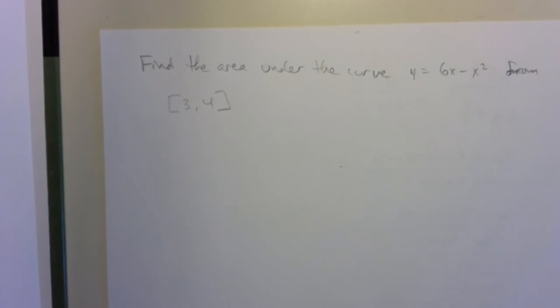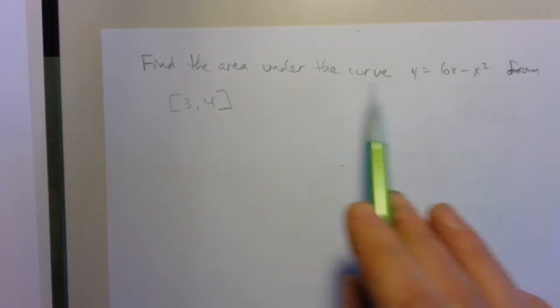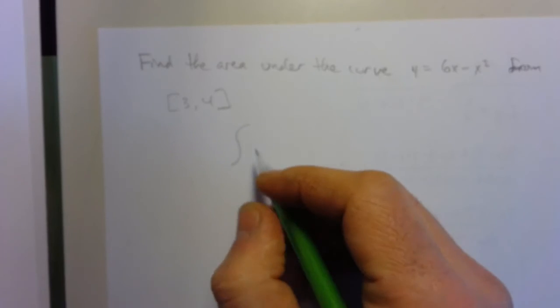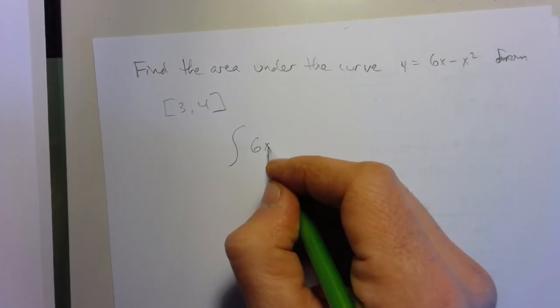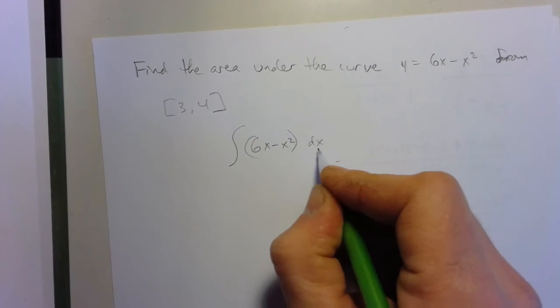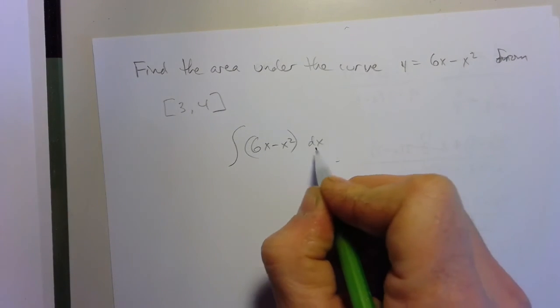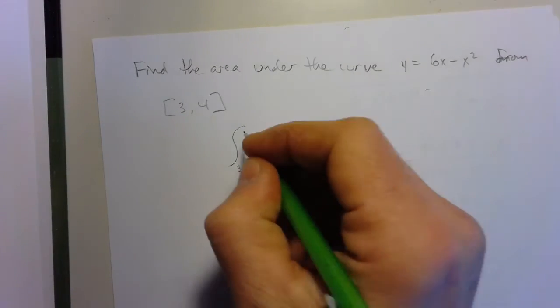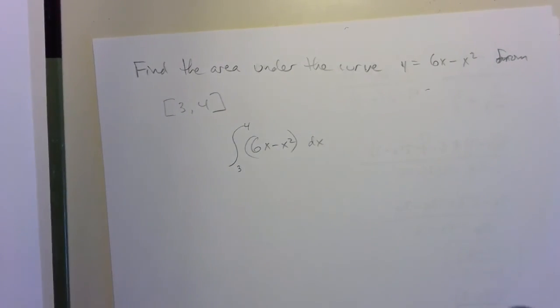This is just putting the problem and what we've been doing into words instead of notation. So you need to know that area under the curve means I'm integrating, and there's the function I'm integrating. I'm integrating it in terms of x, so the dx goes there. That's the width of all the little infinitely small rectangles, and it's going from 3 to 4. And then you would put that into your calculator.